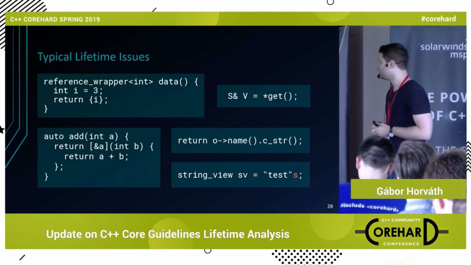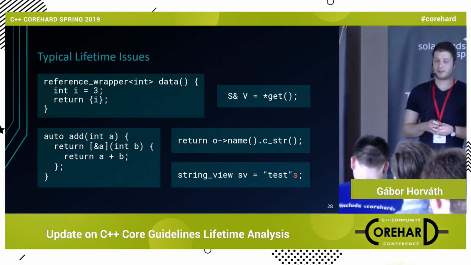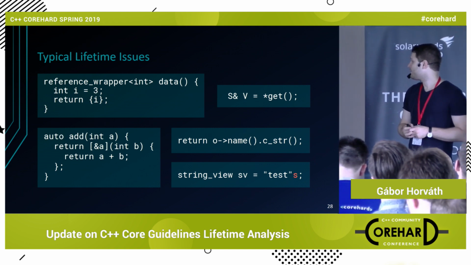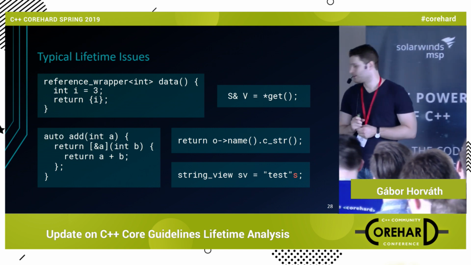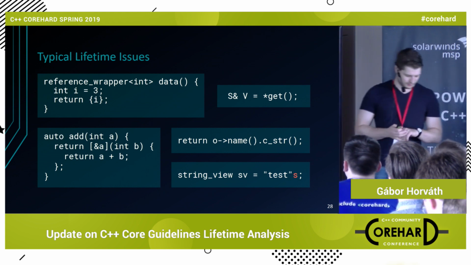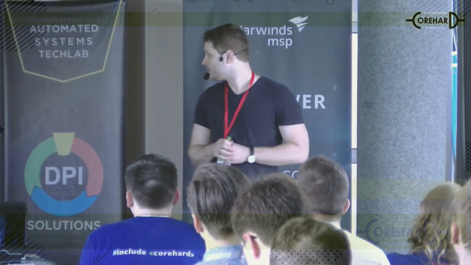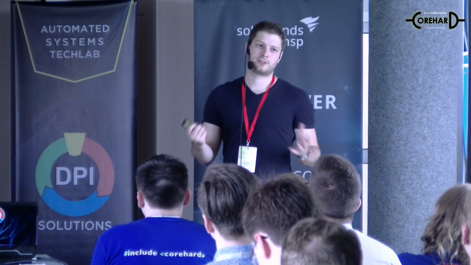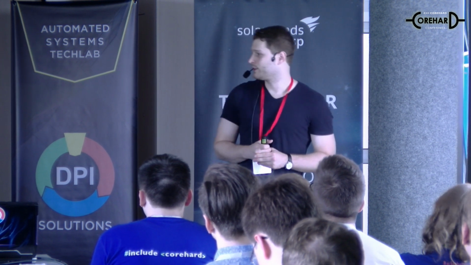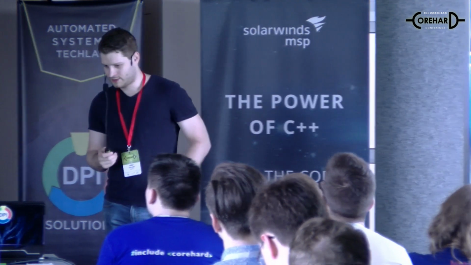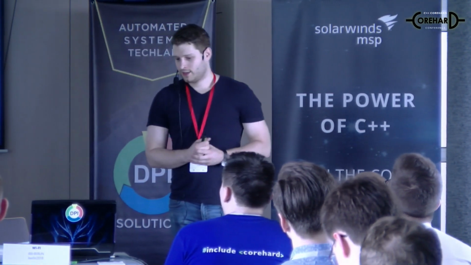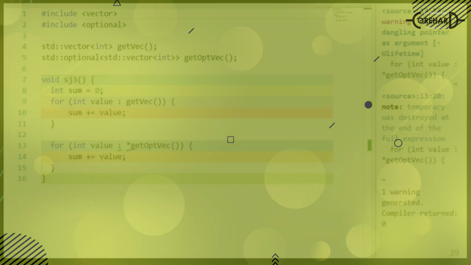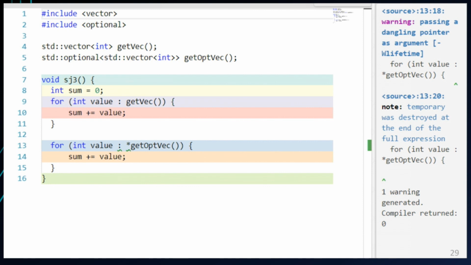So this is not something that we would like to do. And the last example is very similar to the one I showed you at the beginning of this talk. So this is about having a temporary std::string and having a string view referring to this temporary std::string.